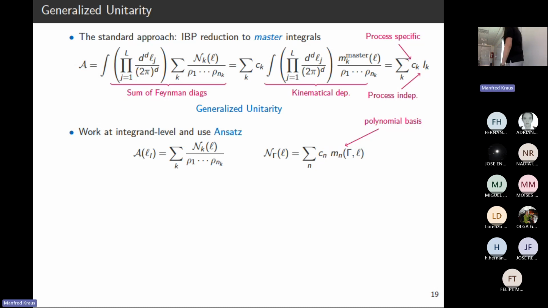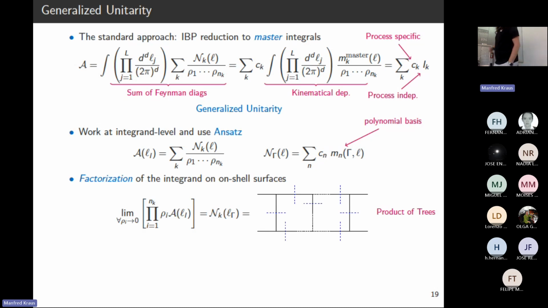So now we want to extract these coefficients. And we're using the fact that we have a very powerful factorization property. Namely, if you take this integrand, you multiply with the propagators, like the full denominators, and you send all of these denominators to zero, then the corresponding numerator, evaluated on the loop momentum in which all of these propagators go to zero, will factorize into a product of tree-level amplitudes.